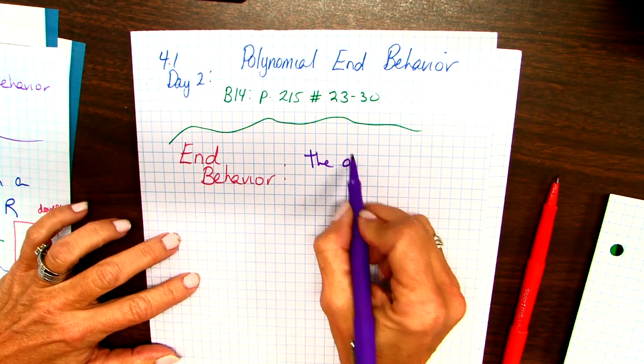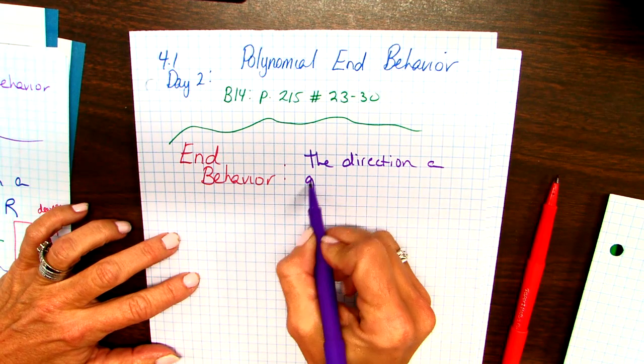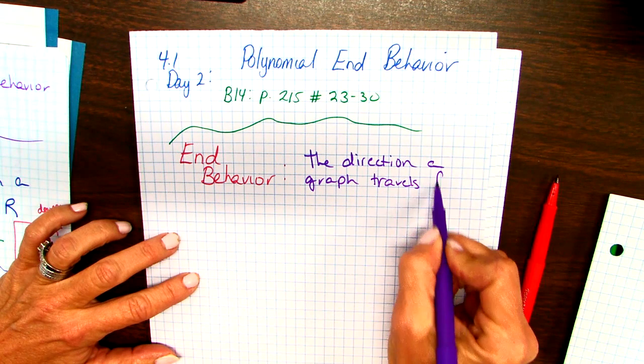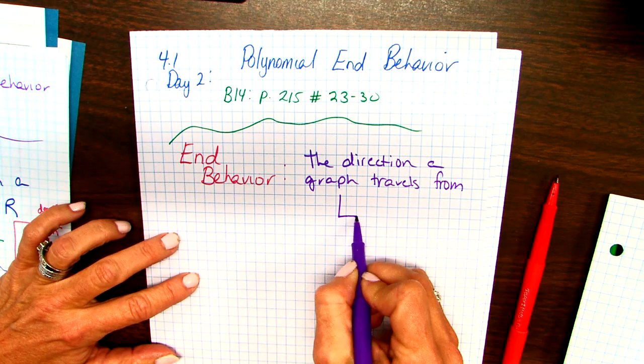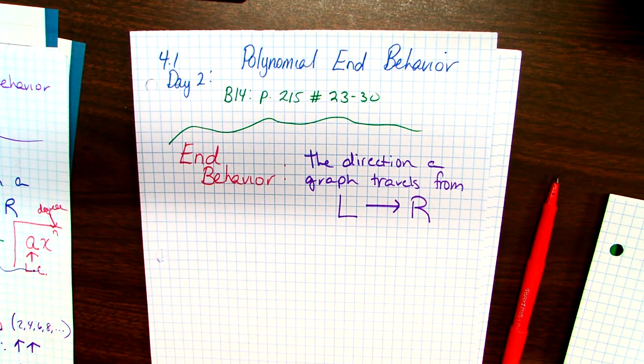Okay? The direction a graph travels from left to right. As we read a graph, always from left to right, just like you read a book, a sentence or a page, whatever.